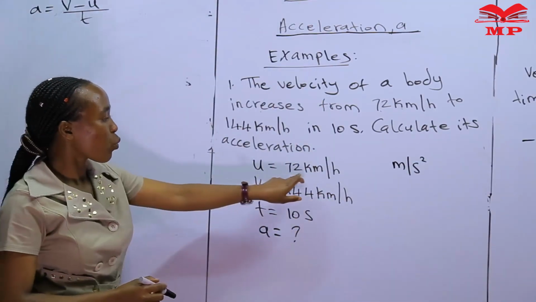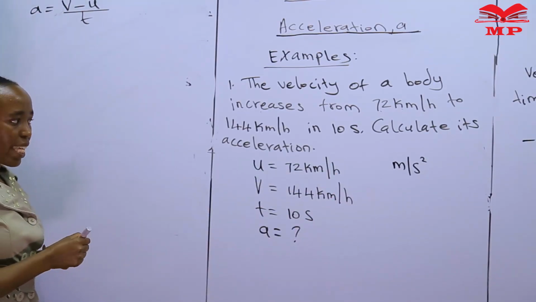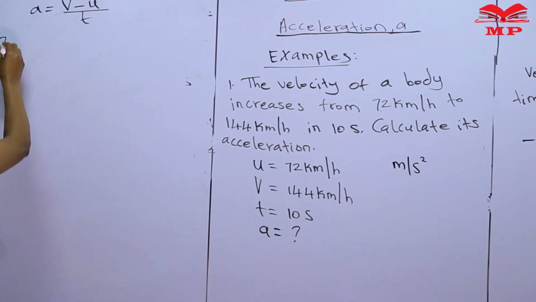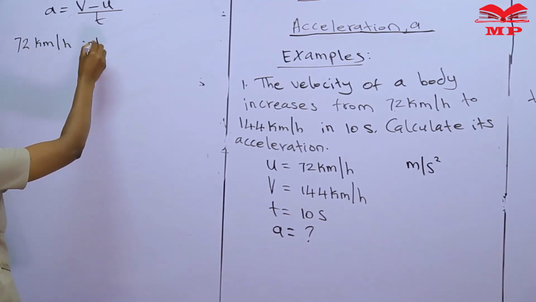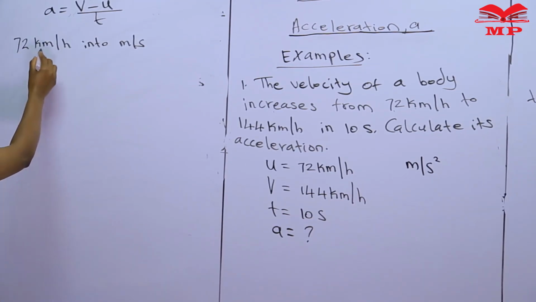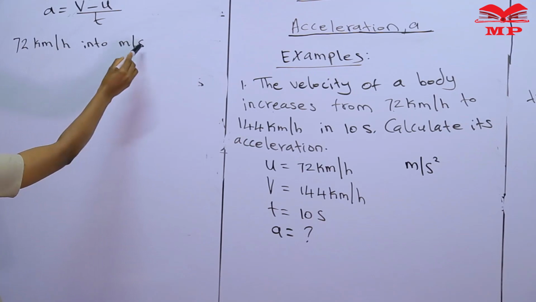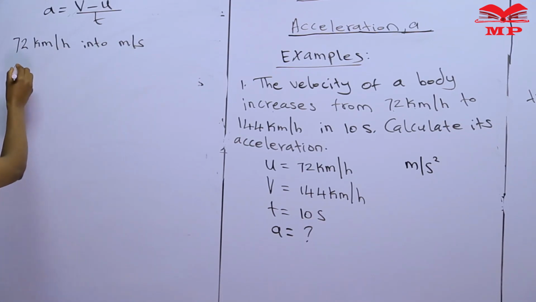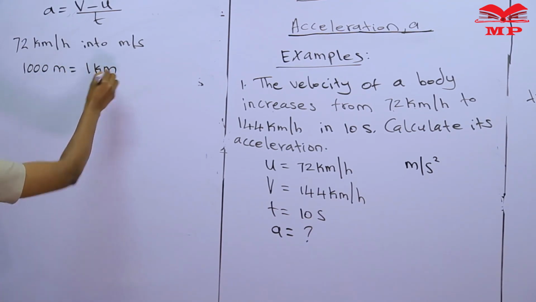Therefore, we have to change the kilometers per hour into meters per second. We start by changing 72 kilometers per hour: first we change kilometers into meters, then hours into seconds. We know that 1,000 meters is equivalent to 1 kilometer.